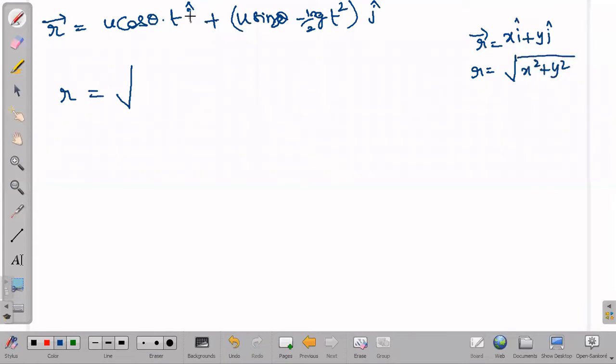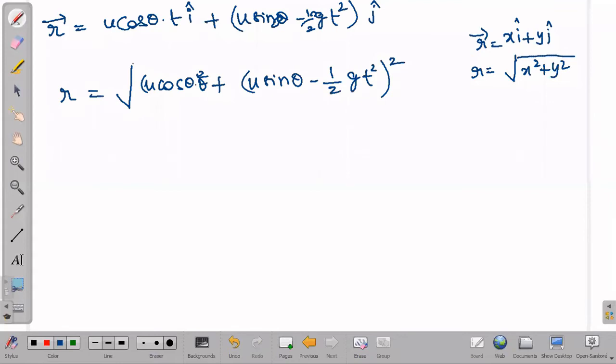The same thing I am following here: u cos theta whole square plus the y component, which is u sin theta into t minus half g t square. For this y term also I have to write square.